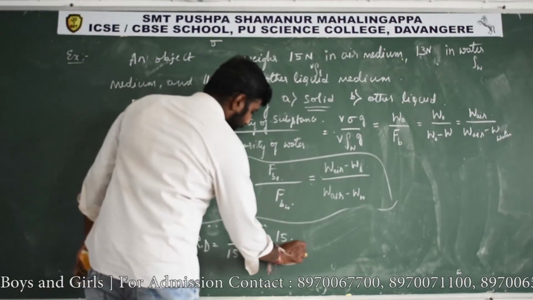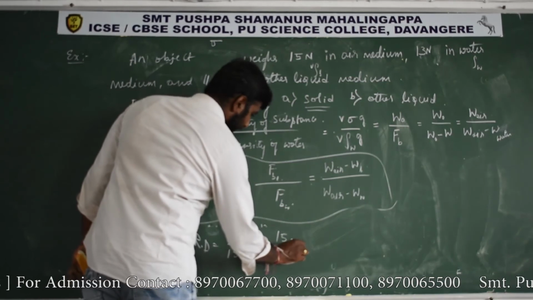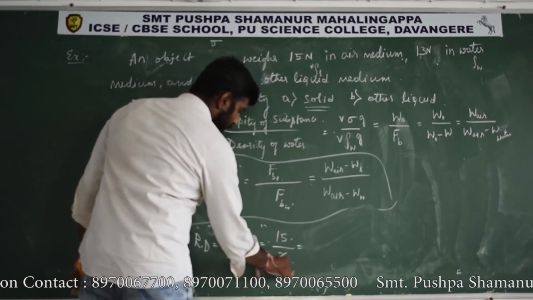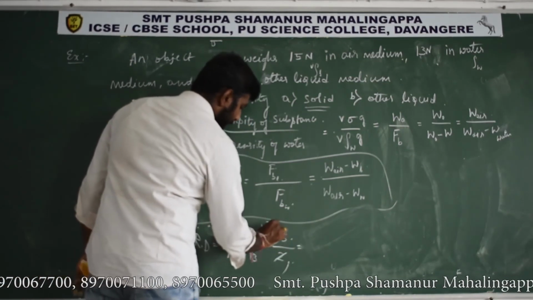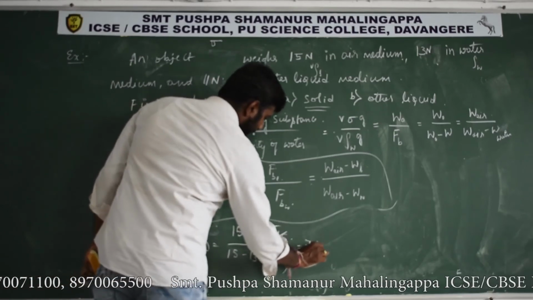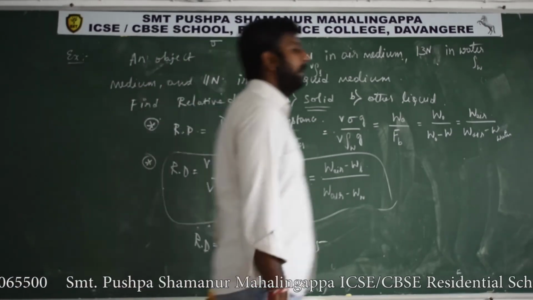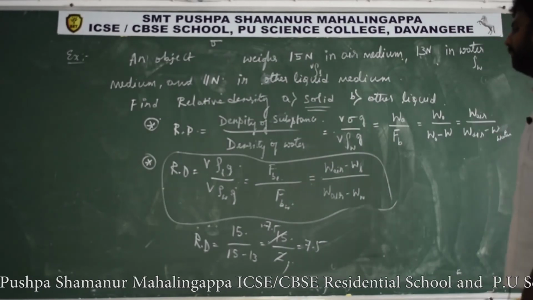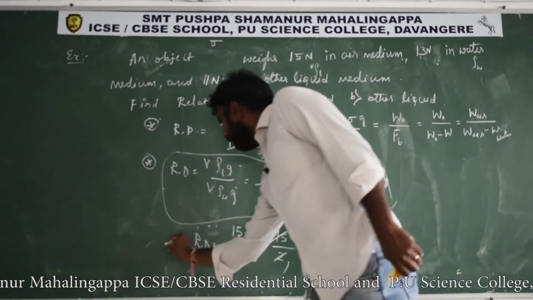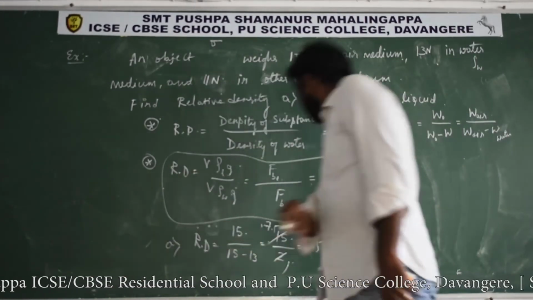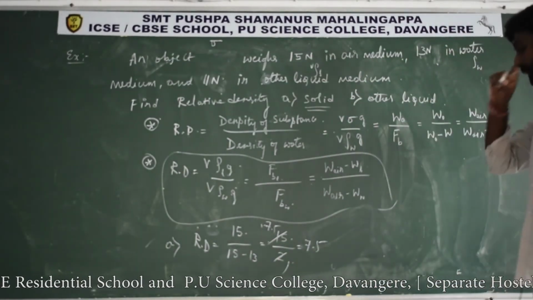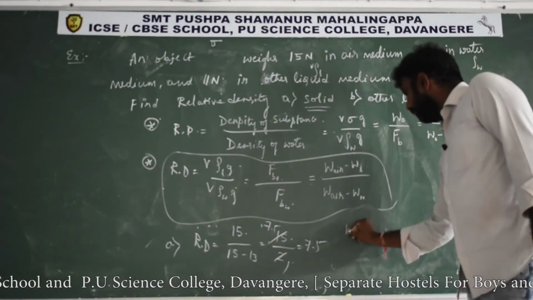Okay, 15 by 2 is the relative density, that means 7.5. So the relative density is 7.5. This is solution A.